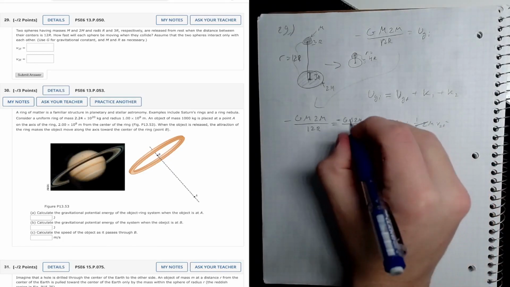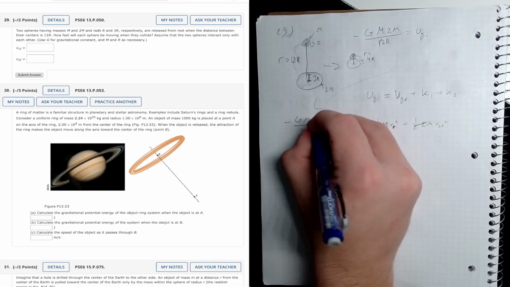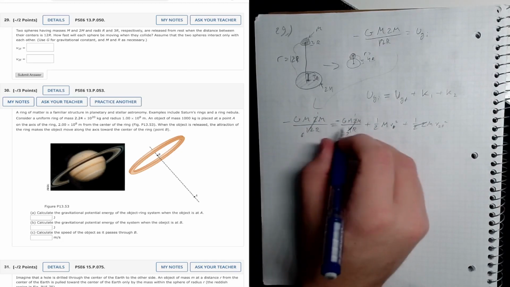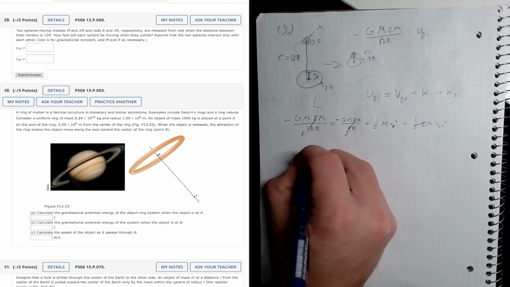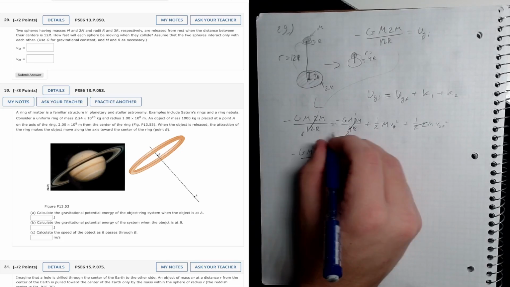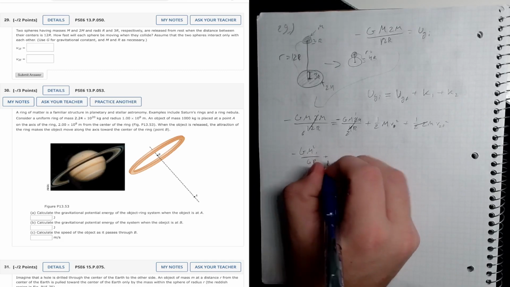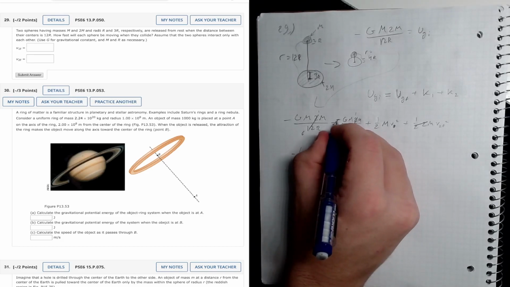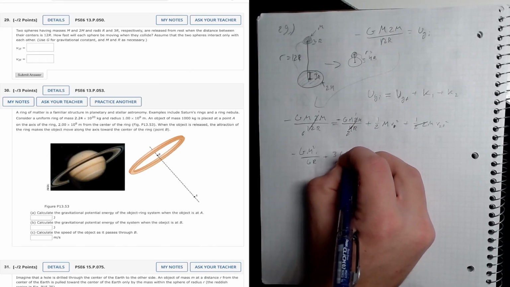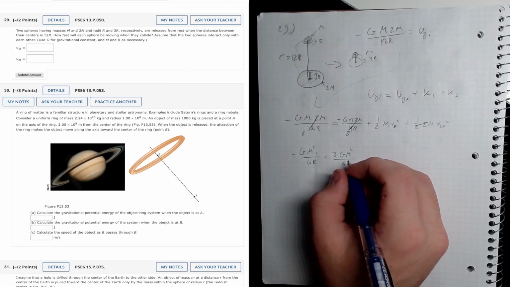2. This will become 2r, this will become 1, this will become 1, this will become 6. And then we'll add this to both sides to get negative Gm squared over 6r plus, because it's a negative here, plus 3Gm squared over 6r, I believe.